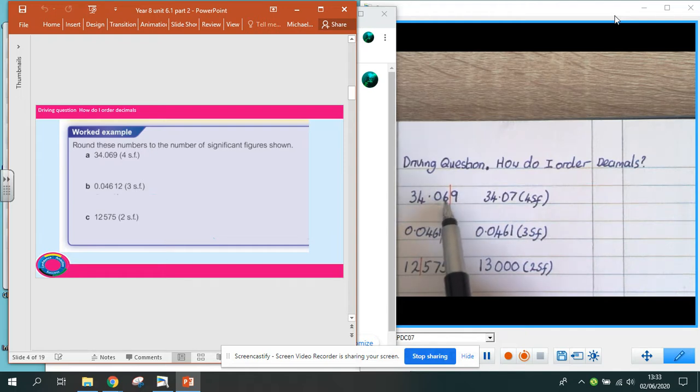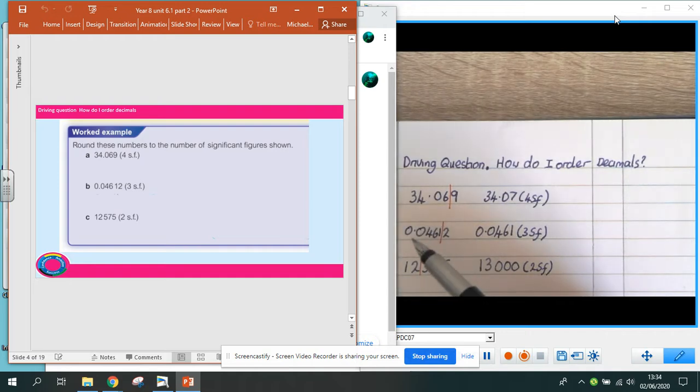Is that closer to 0.06 or 0.07? Well, it's closer to 0.07. So my answer is 34.07, 4 significant figures. I know it's 4 numbers because there's 1, 2, 3, 4 numbers there.